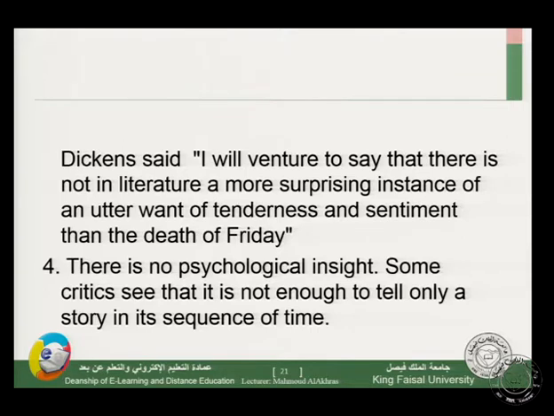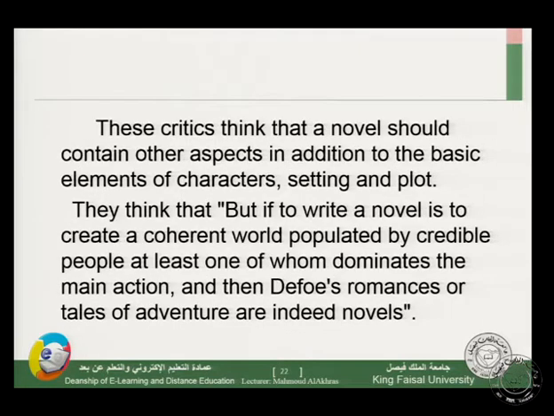We have the psychology of characters. We should show the psychological insight of these characters, or one character at least. These critics think that a novel should contain other aspects in addition to the basic elements of characters, setting, and plot.